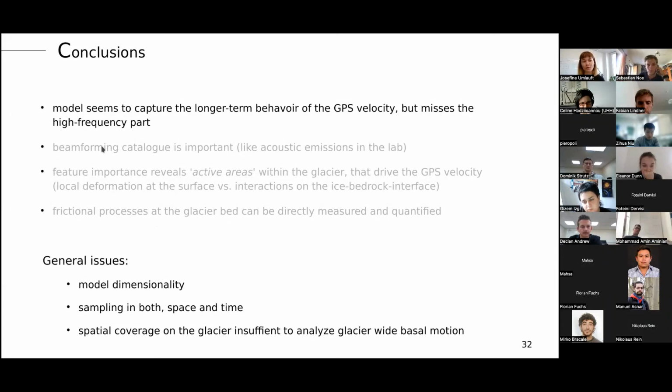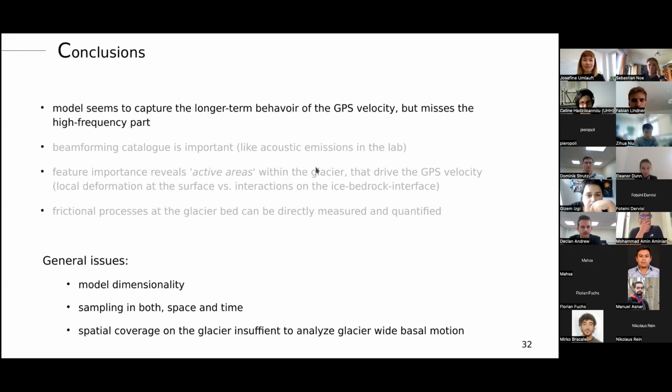No, it's not only what we would like to see. We see that the beamforming catalog is quite important in the feature importance, but it's not really valid as our correlation coefficient is so low. Somehow it does help the model to predict, but still the prediction is not very good.